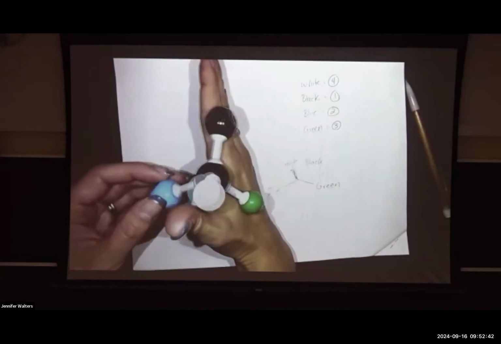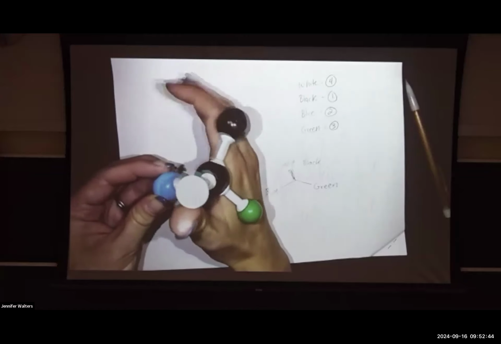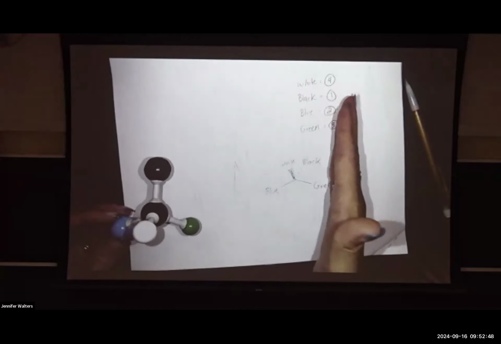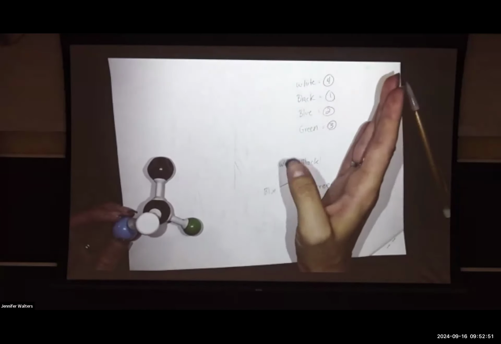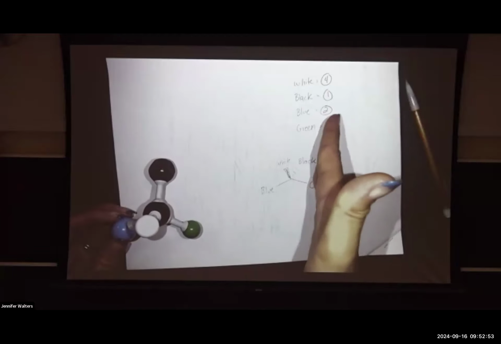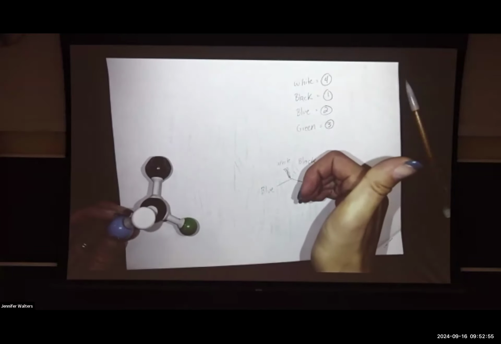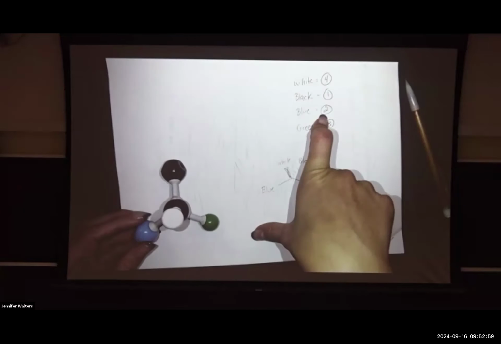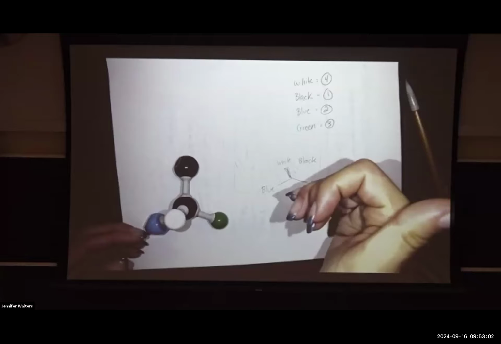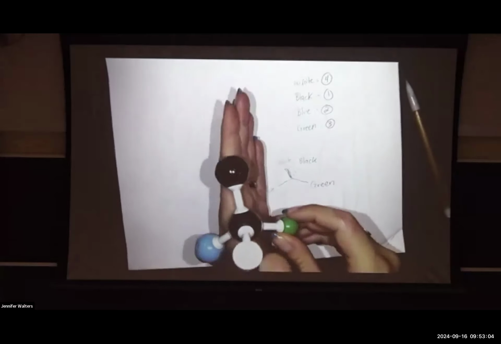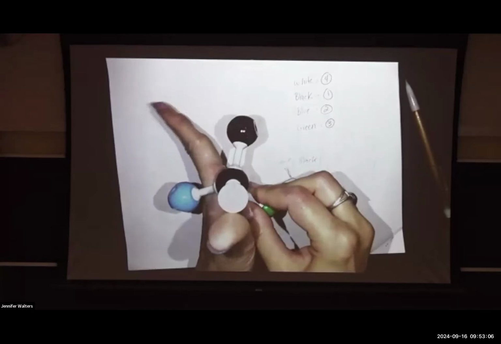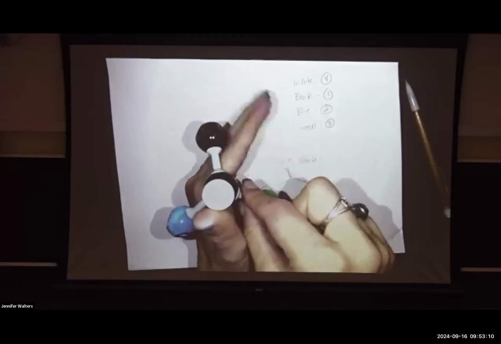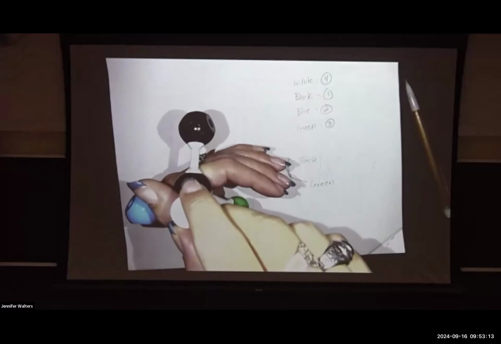And I'm just trying to imagine my hand curls to the left side to tell me that that's R. That's what you're trying to do on paper: my thumb is pointing out, my fingers are pointing in, my hand curls to the left to blue, and I said blue is priority 2, right? That's how we're doing the right hand rule. If you're doing the left hand rule, you do exactly the same thing. It's just that now to get to 2, I would have to break my left hand, whereas it naturally wants to curl to the green one.